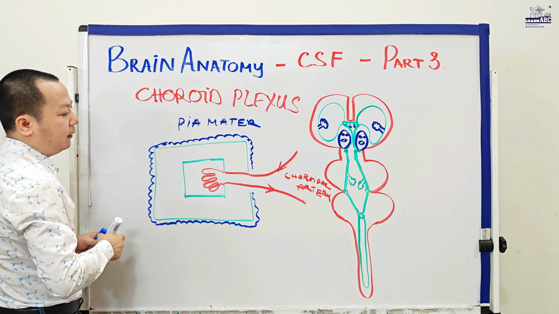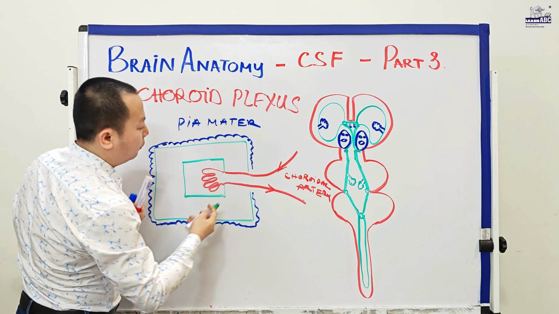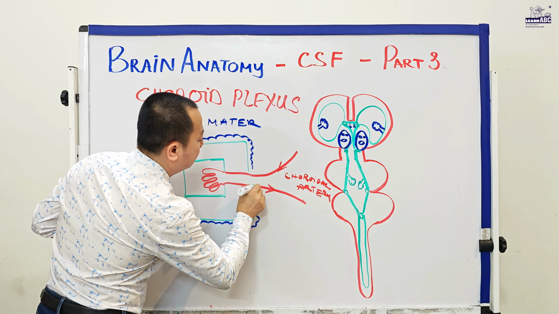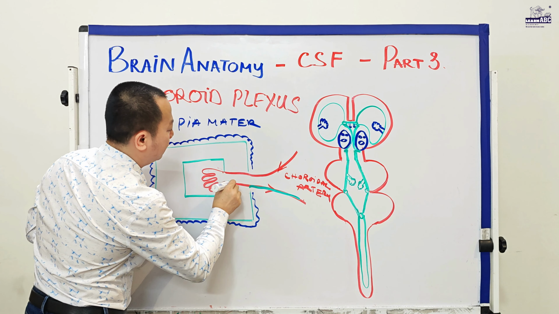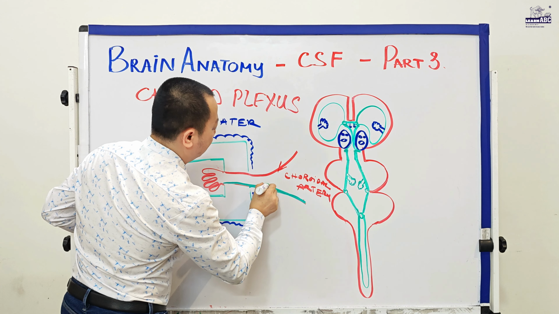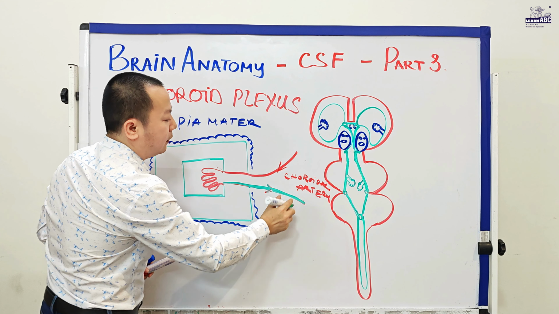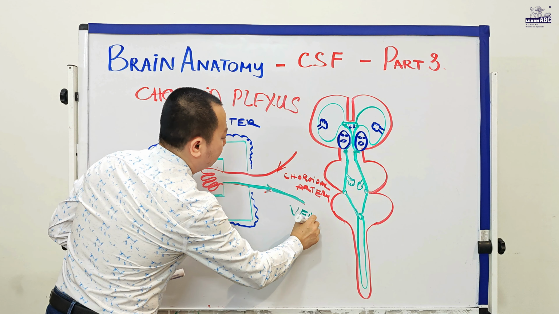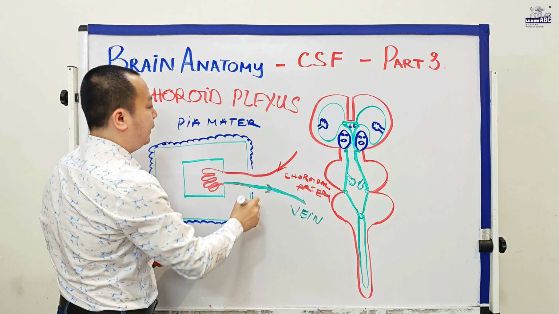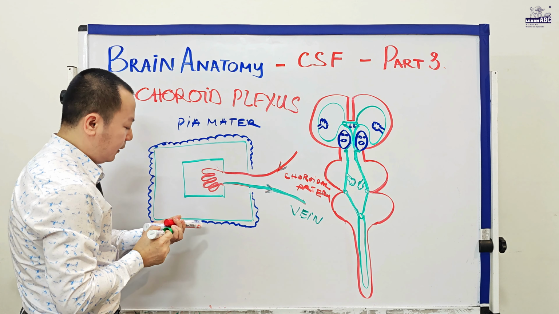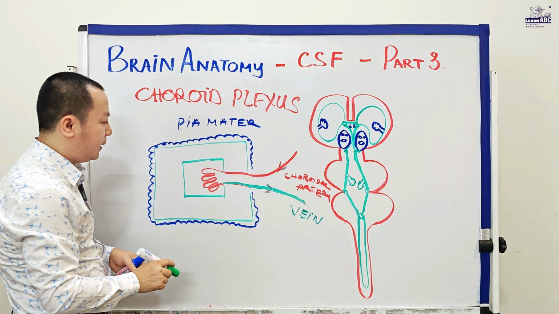From here I should draw another color. The blood will go out through the choroidal vein. This is the vein, and this is the artery, and this is the capillaries.